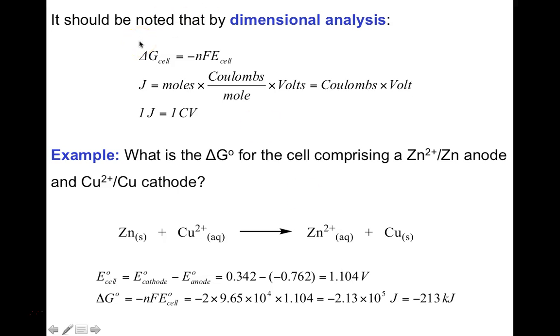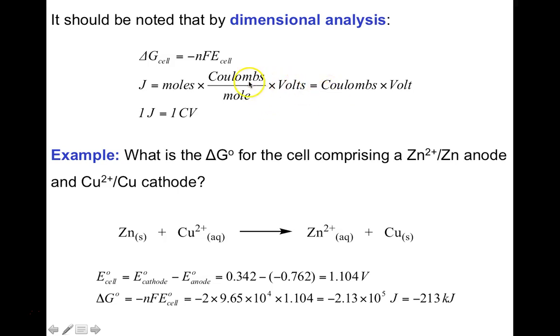So if we work through the dimensional analysis for this expression, delta G is a form of energy, so it should have units of joules, and then we can put in all of the units for the other components on the other side of the equal sign. So n has units of moles, Faraday's constant has units of coulombs per mole, and the cell potential has units of volts.